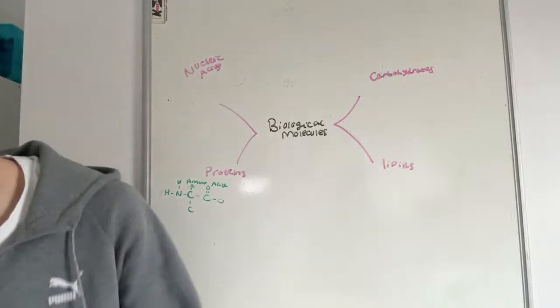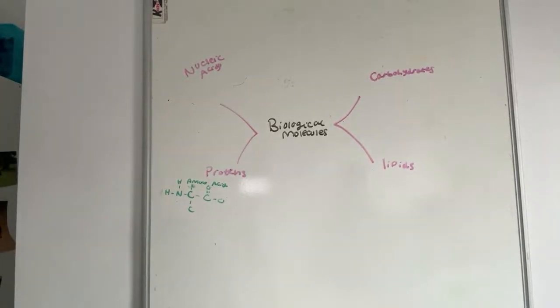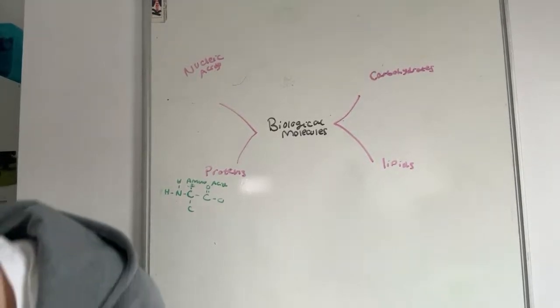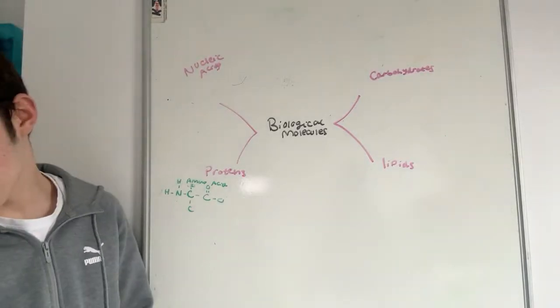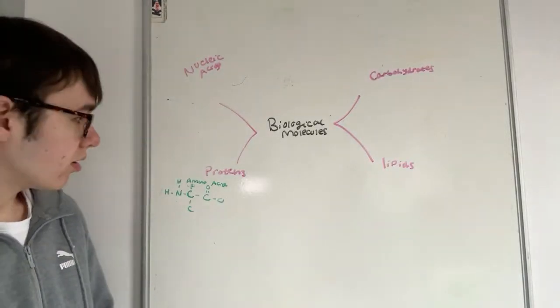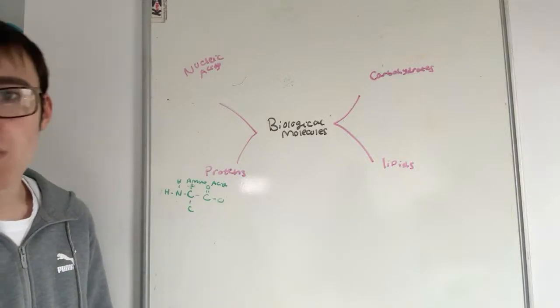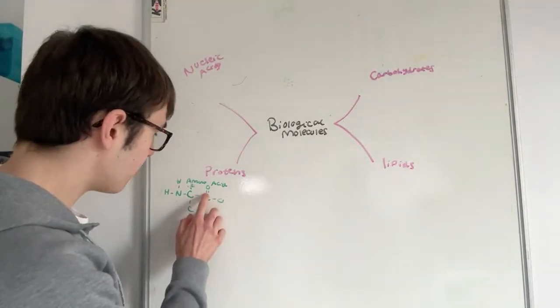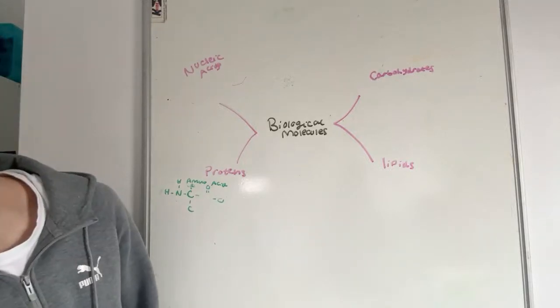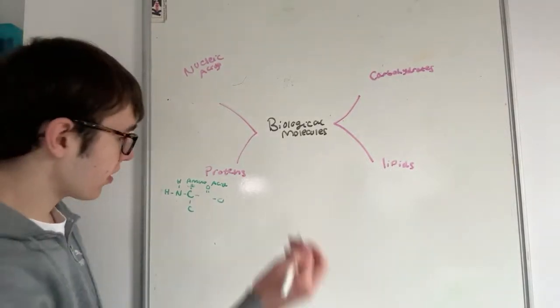I don't recall what the structure of an amino acid is. Let me Google that quickly so I can recall. Okay, I got that bit right. It's 2 hydrogen, nitrogen. It's double O. Oh, it's C. Okay, hold on.